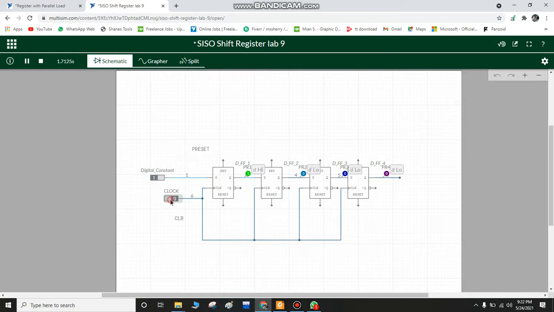Next, when we switch on again, here we will get input 1. Next, here we will get input 1, and also when we switch on our clock again, we will get input 1 here. One thing is missing.